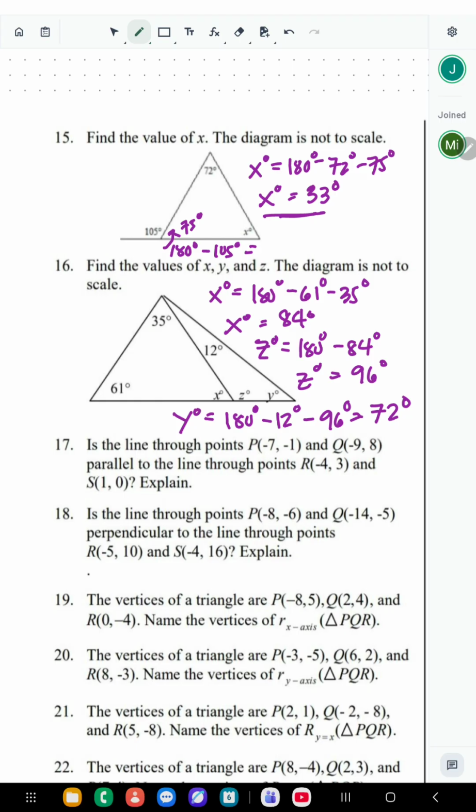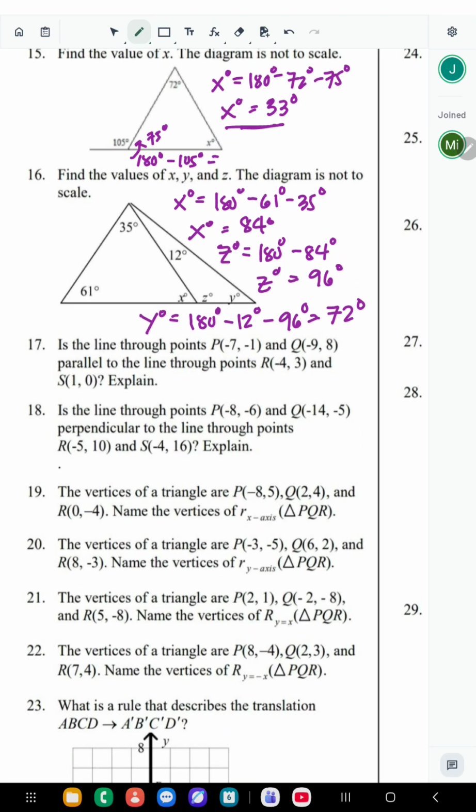Number 17: is the line through points P(-7, -1) and Q(-9, 8) parallel to the line through points R and S? Okay, so let's solve for the slope and we'll check if they're parallel.